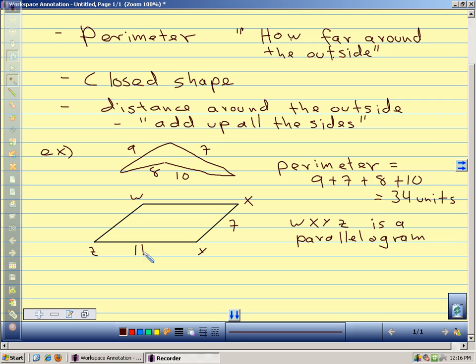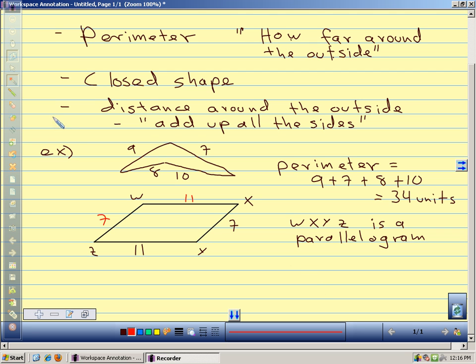Jay? You add 7 to WZ and 11 to WN. Okay, so we add 7 to WZ. So you're saying label that side as 7? Okay. So we're going to put a 7 here and an 11 here. And why are we doing that? Because they're equal. If it's a parallelogram, the opposite sides are the same.